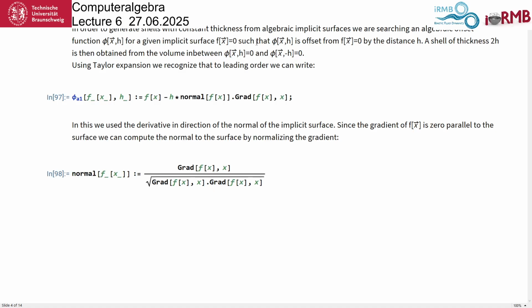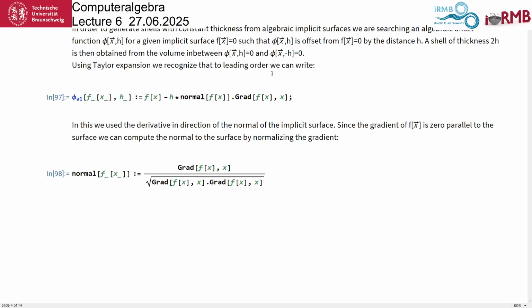So if we want to go in the direction of the normal with this, what we have to do is, of course, get the normal. And then what we are using is our favorite function, namely the Taylor expansion. Yeah.